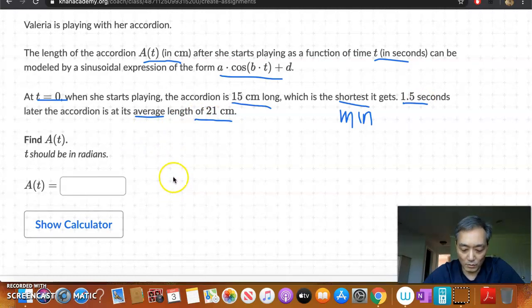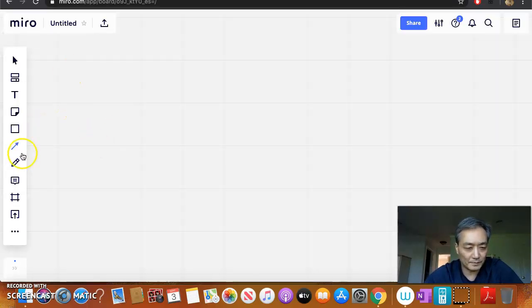So the question is this then: how can we dissect the information here that's important? I'm just going to copy this over here.